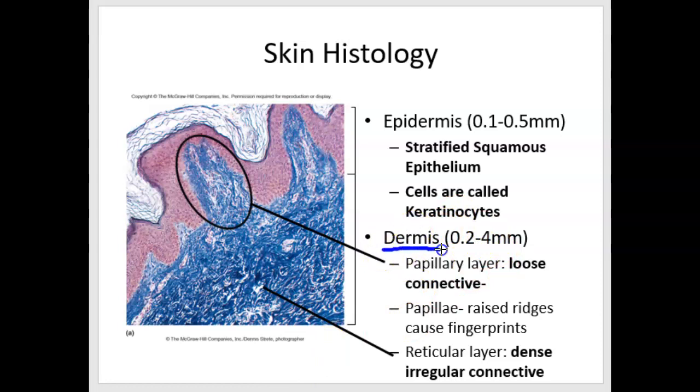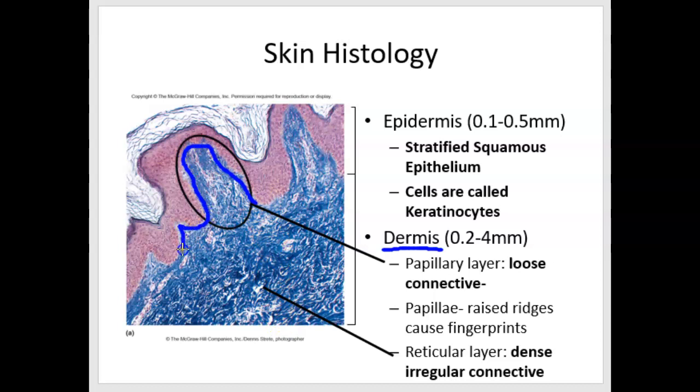The dermis, which is underneath and always thicker than the epidermis, is shown in blue, and it has two general layers. One layer includes these ridges that kind of punctuate the epidermis.